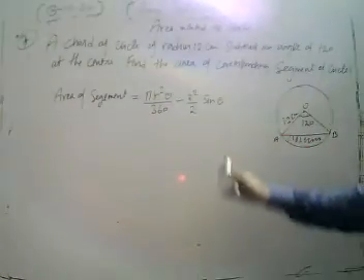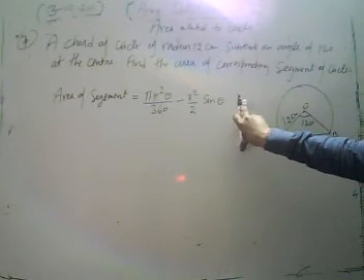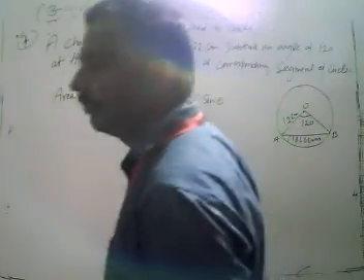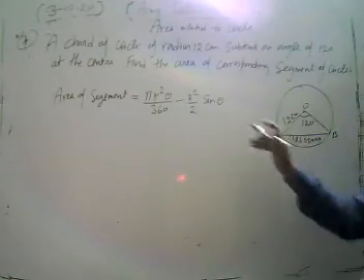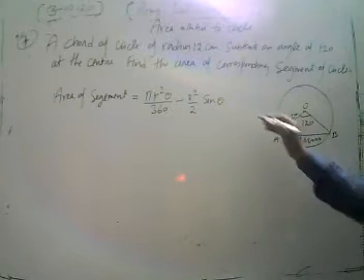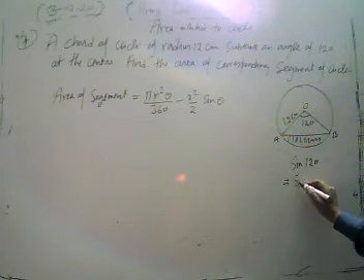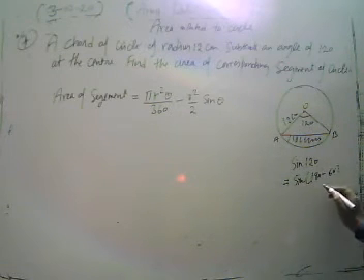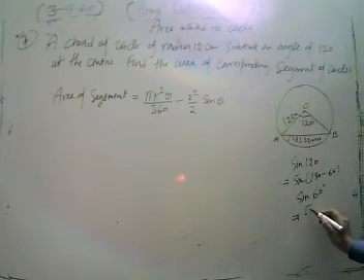Now we have a sector angle of 120 degrees. At your level you may not know the value of sin 120, but sin 120 can be written as sin of 180 minus 60 degrees. Sin of 180 minus theta is sin theta, so sin 60 degrees, and its value is root 3 by 2.